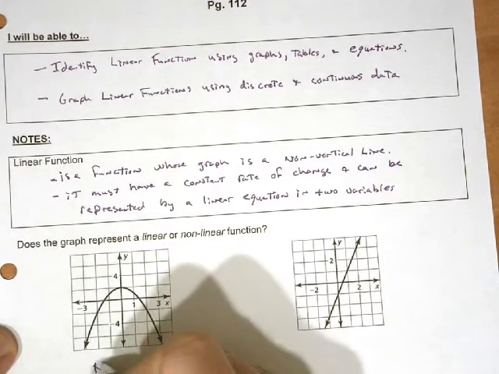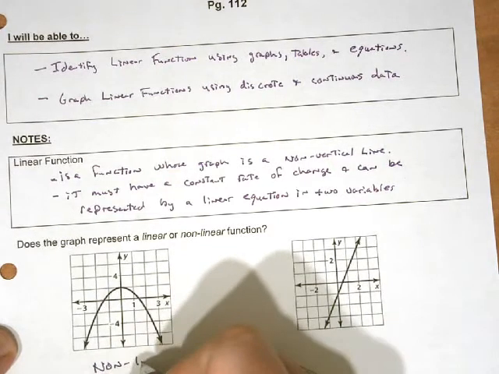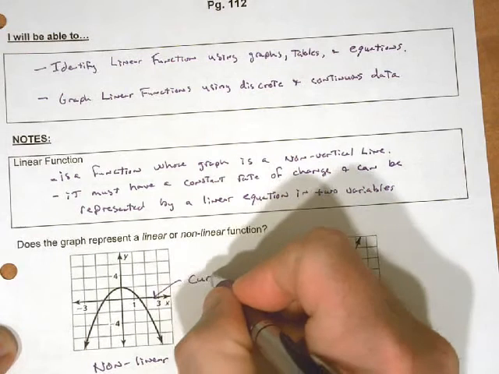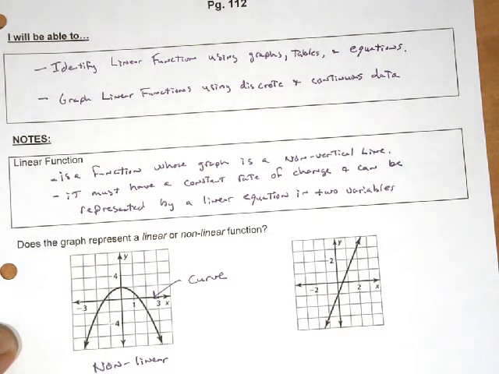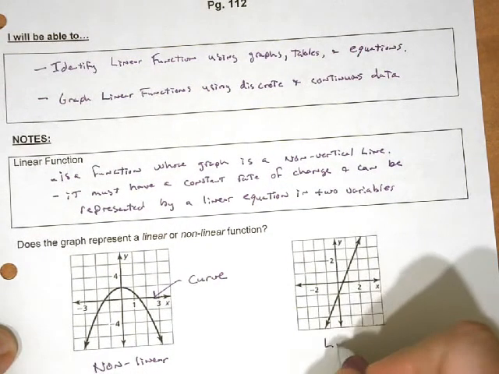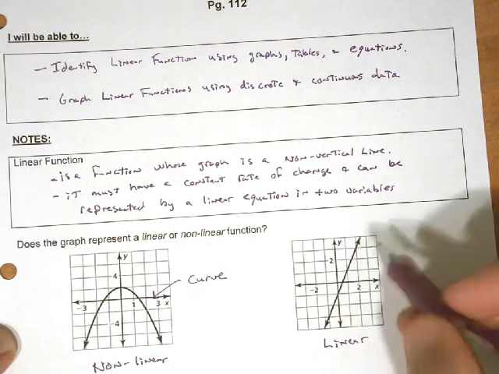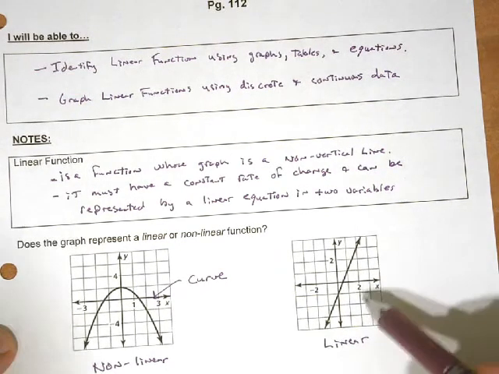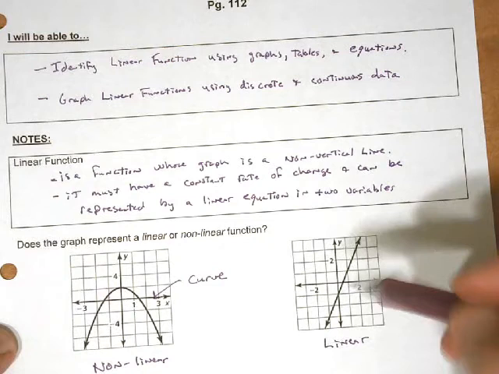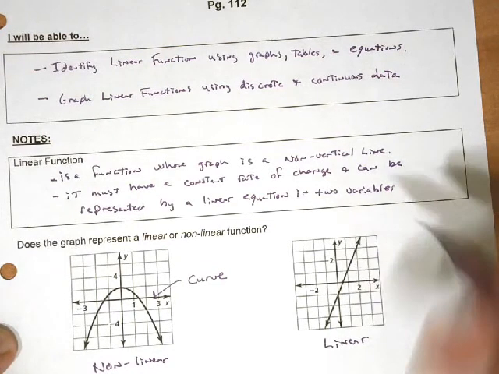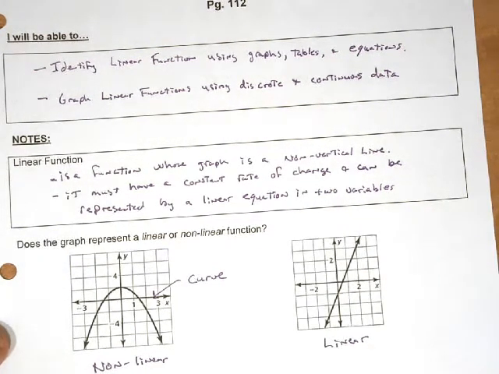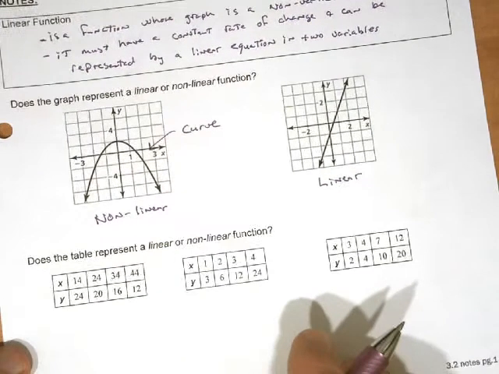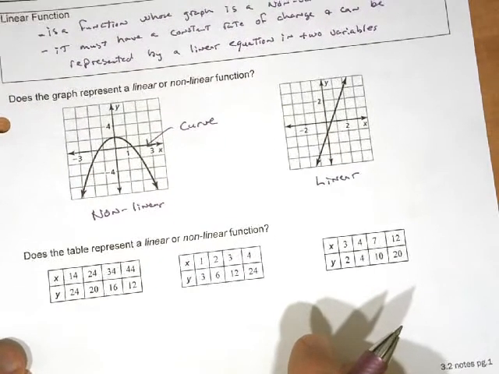As a curve, this is non-linear, because again, we have a curve, and this one is a linear function. It's a nice straight line, no curves. And also, it is not vertical. Remember, vertical goes up and down.